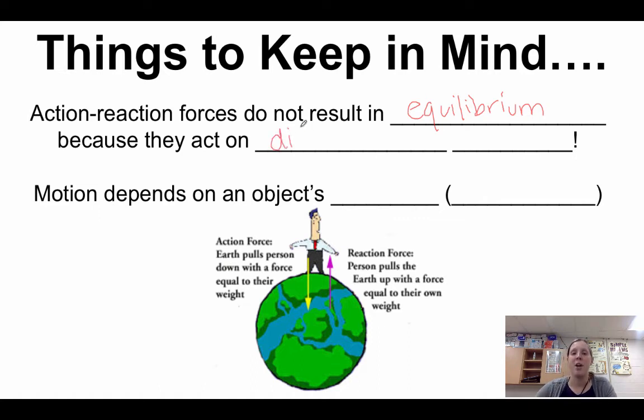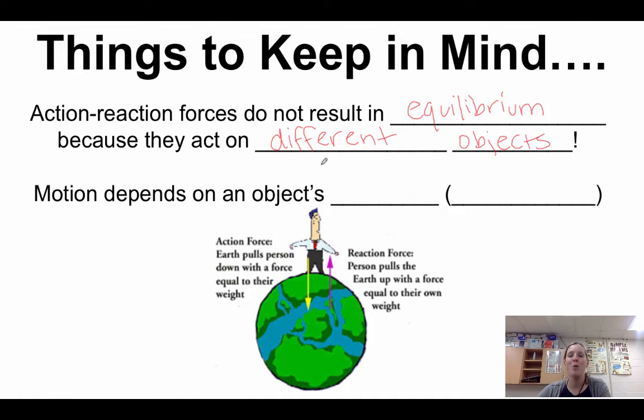Action-reaction forces are acting on different objects. So remember, the hammer was exerting a force on the nail, and the nail was exerting an equal force on the hammer. So you have two forces going in opposite directions, but they are on different objects. They're not on the same object. So each of those objects independently is not in equilibrium.